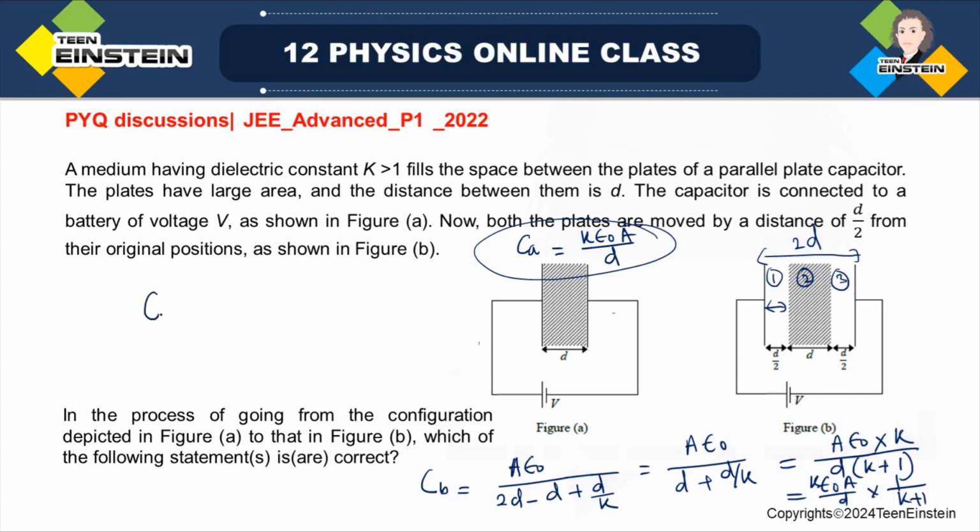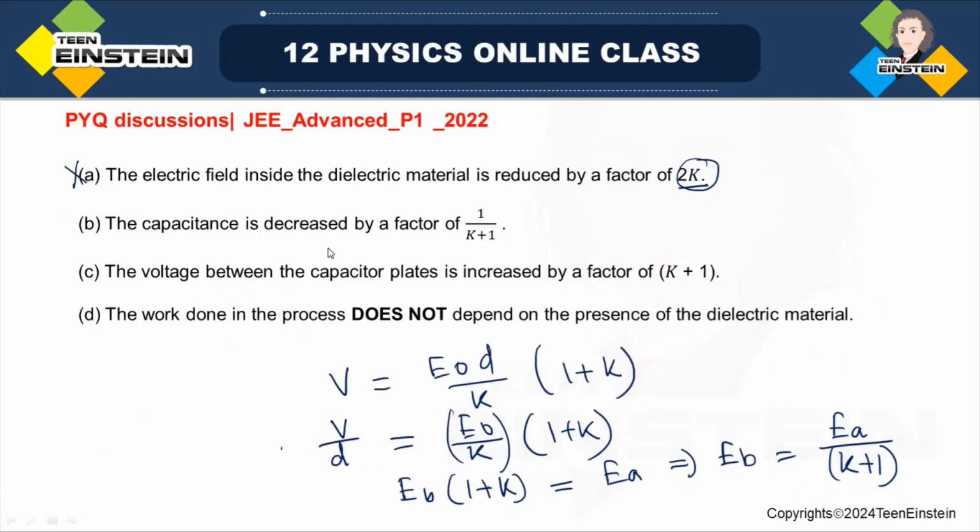Therefore CB is becoming CA divided by K plus 1. So the second option, that the capacitance is decreased by a factor of 1 over K plus 1, is correct.